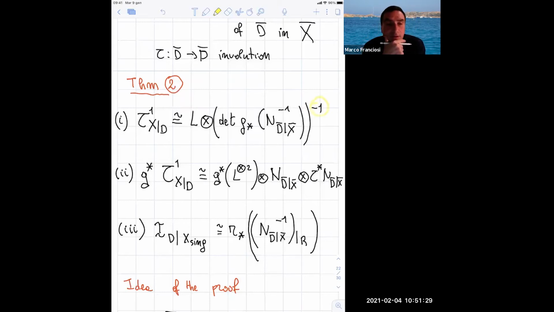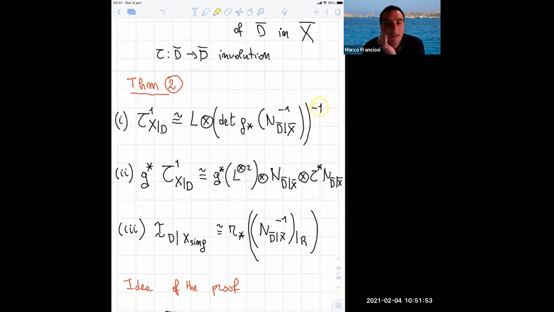And the second item is that if we pull back on D bar, T^1 of X restricted to D, we obtain g upper star of L^2 tensor the normal bundle of D bar in X bar tensor tau star of the normal bundle.